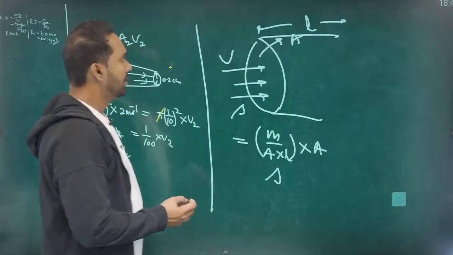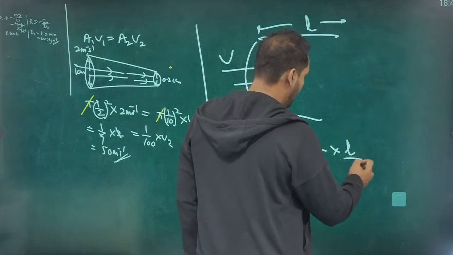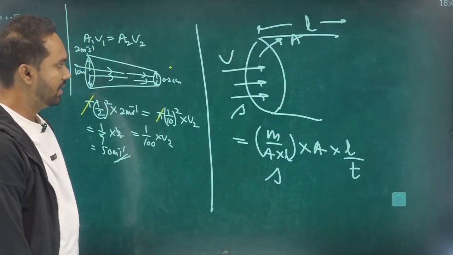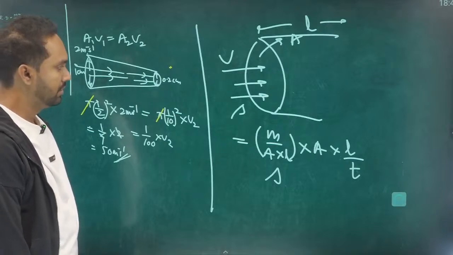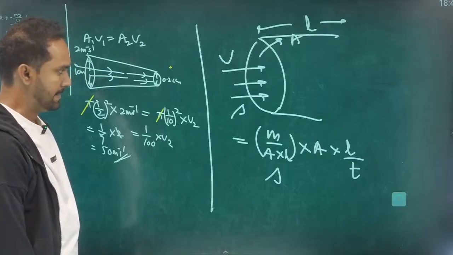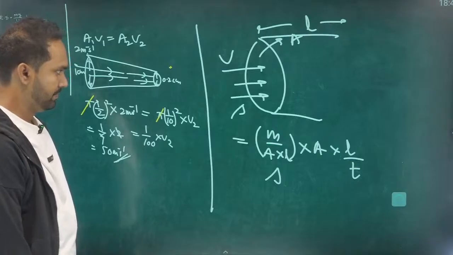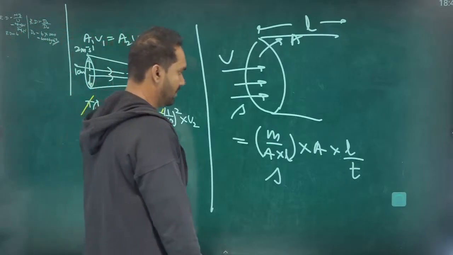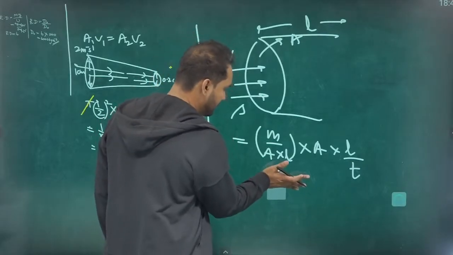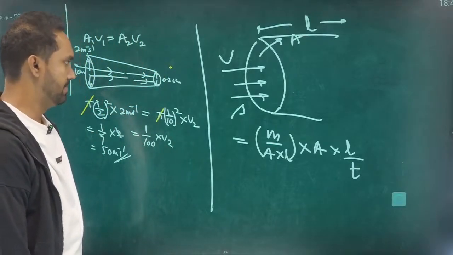And we have velocity, which is L divided by T. Now if you multiply all this, all the L's cancel out, A's cancel out, and mass over time will be left.